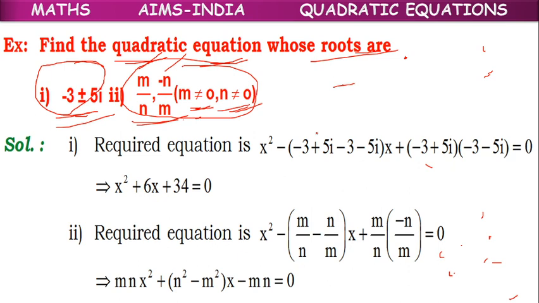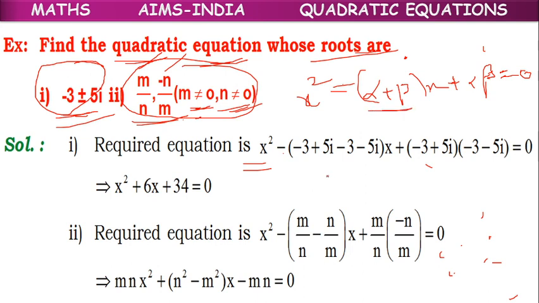So how do we find the equation if we know the roots? What is the formula? X square minus (alpha plus beta) into x plus alpha beta equals 0. This is the general form. So x square minus the sum of the roots. What are the roots?